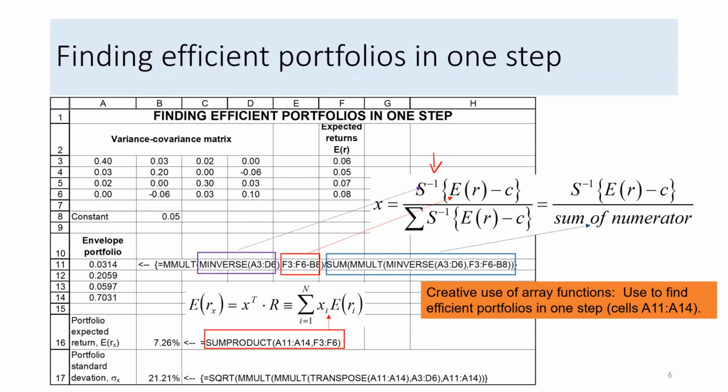So we're gonna first invert here, and outside of this inverse, we need to add matrix multiplication. So multiply S inverse by the difference of return and the constant. So here, just calculate the difference of return and constant. So that will be the numerator, and the denominator will be here. We're doing a sum of the numerator.